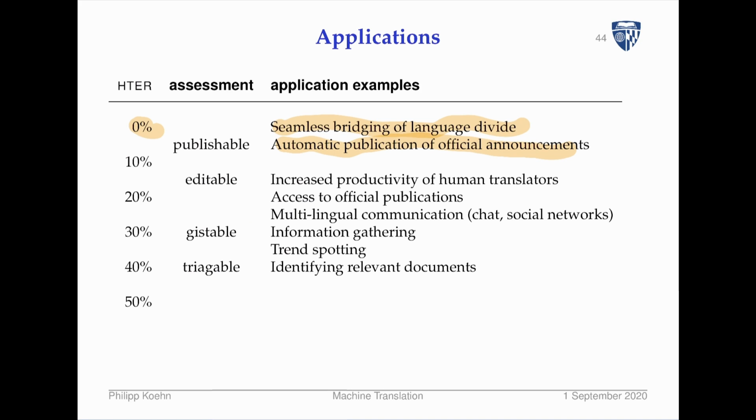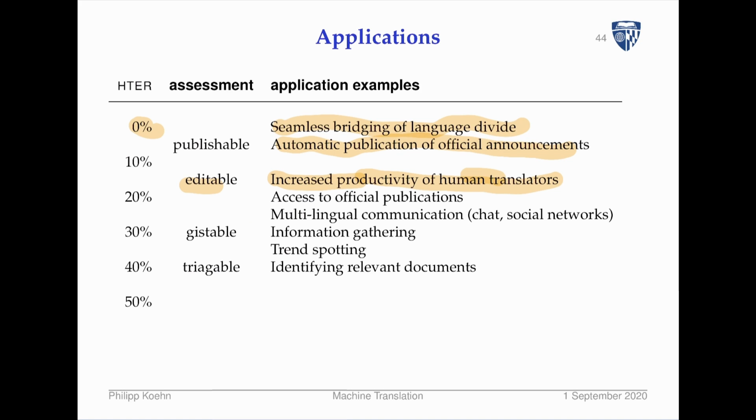Another threshold is obviously editable. Does it increase the productivity of human translators? If human translators, by editing machine translation output, are faster than translating from scratch, that's an important translation quality barrier for machine translation.